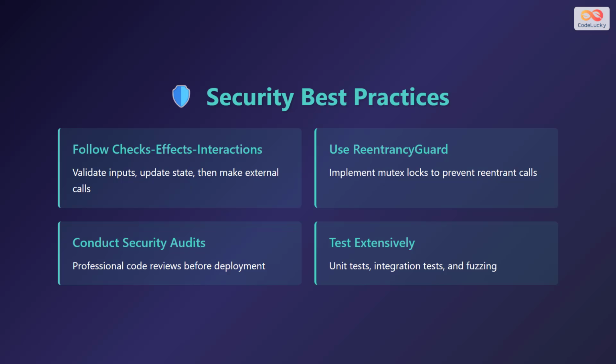Third, conduct professional security audits before deploying contracts to mainnet. Expert auditors can identify subtle vulnerabilities that automated tools miss. Finally, test extensively using unit tests to verify individual function behavior, integration tests to check component interactions, and fuzzing to discover edge cases with random inputs. Remember, smart contract code is immutable once deployed, so security must be built in from the start, not added later.